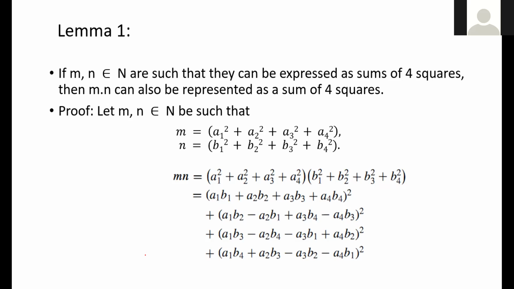We are going to use this expression later to find the expression for a big number. We are going to prime factorize it, find the expression for the prime factors, and then use this expression to get the expression for the number m into n. We're going to look at this later.